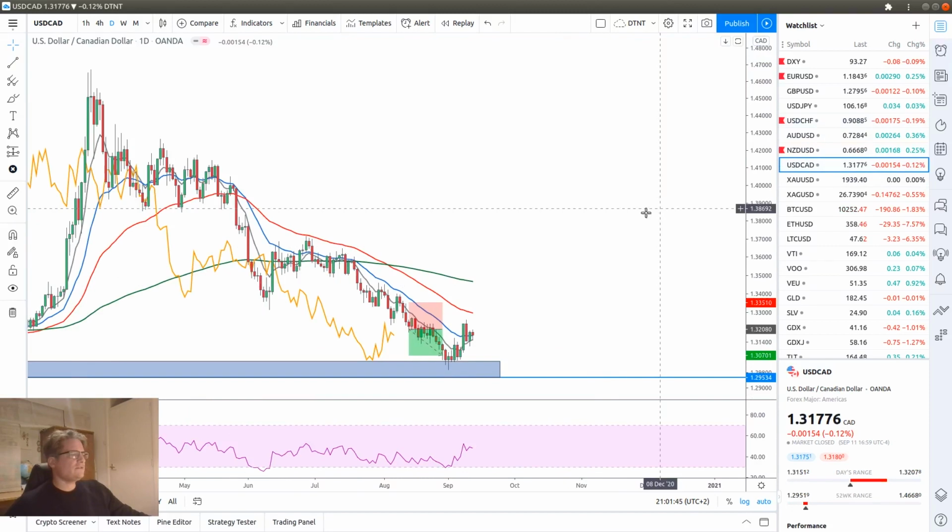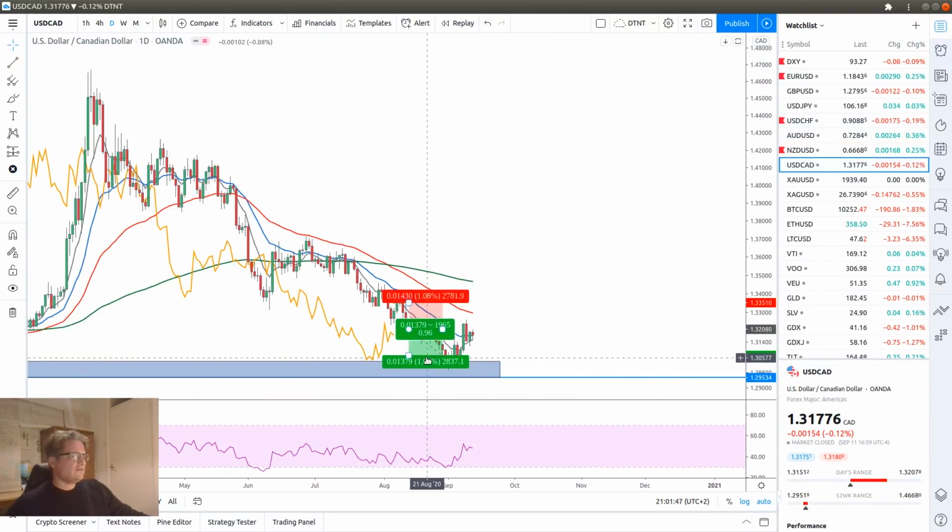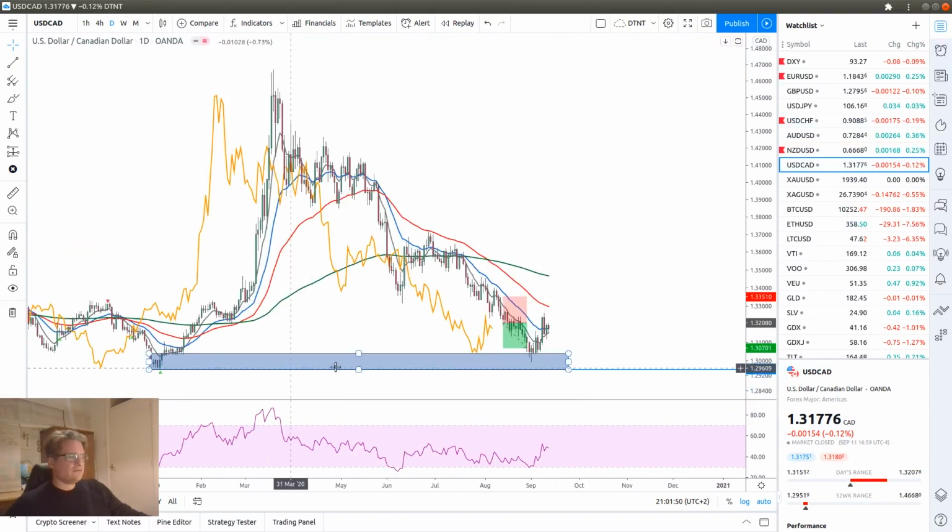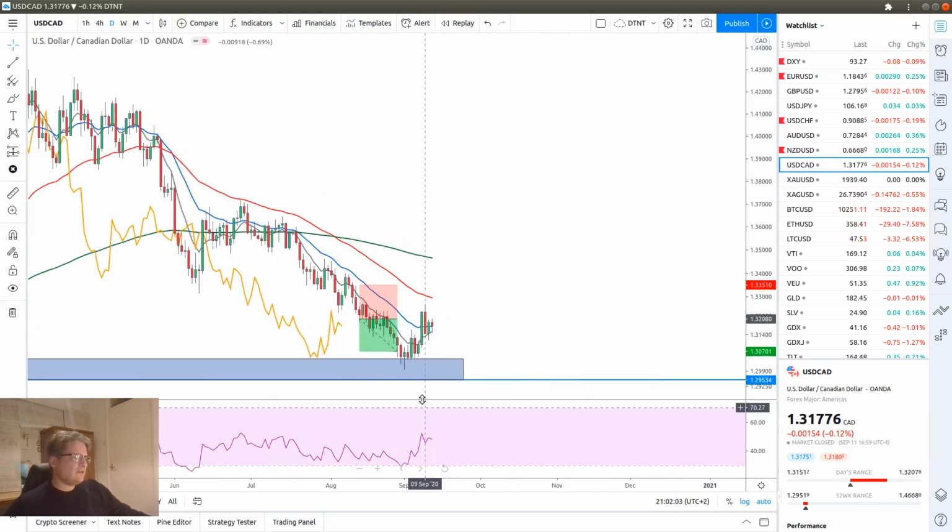The AUDUSD, so I had this trade on, but there's this very strong support and resistance level, so I got out when the market opened on Monday, two weeks ago I think already this was, and I didn't manage to get long here.